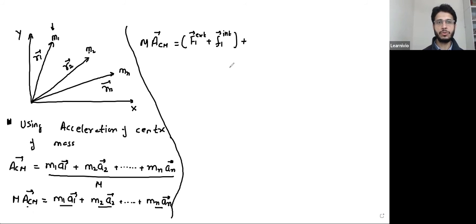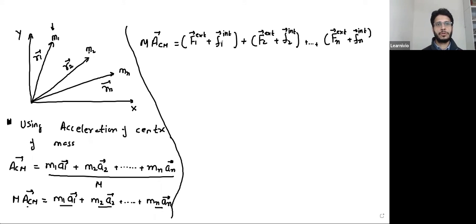Similarly, M2A2 is F2 external, the external force on the second particle, plus F2 internal. And this is Fn external plus Fn internal.